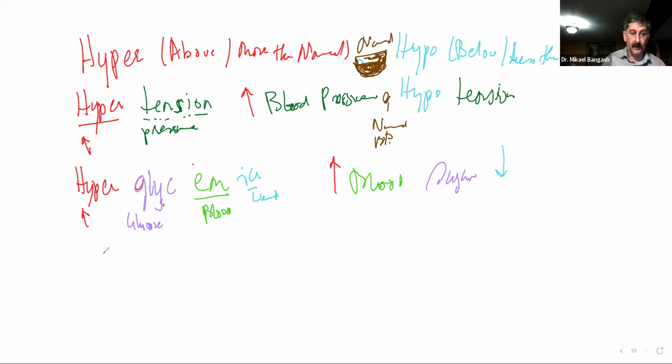Let's keep the hypo for this discussion. It's going to be a condition which involves blood. When we say hypo, it means low, whereas hyper means high.